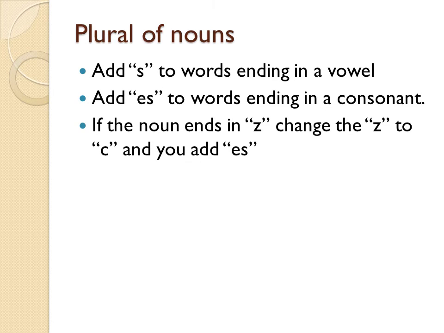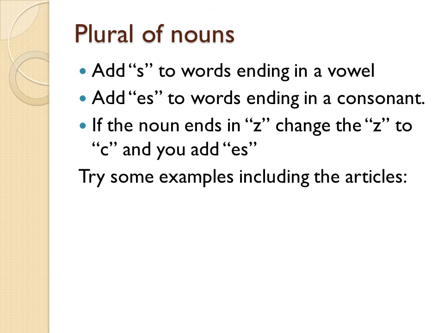If that consonant happens to be a z, then you're going to change it to a c and then you add es. And now let's go through some examples. These three rules, you gotta have them memorized. If it ends in a vowel, you add s. If it ends in a consonant, you add es. If it ends in z, change it to a c and you add es.